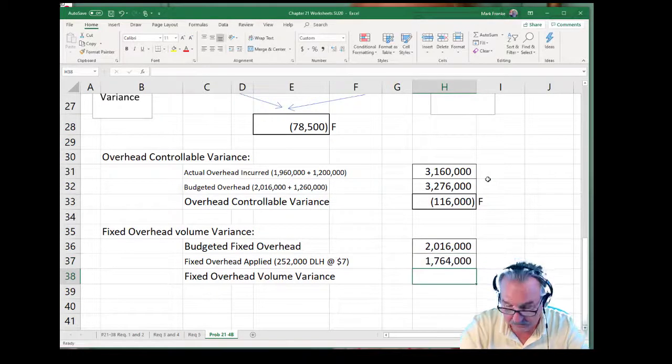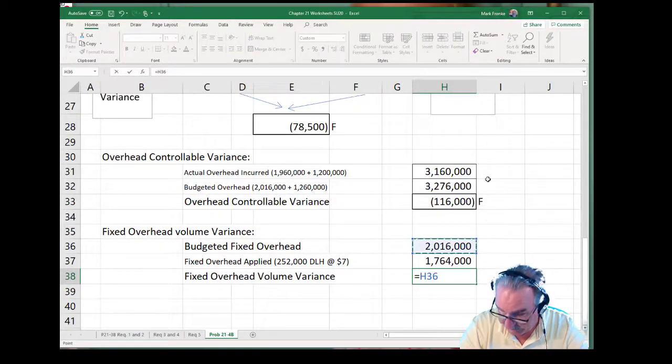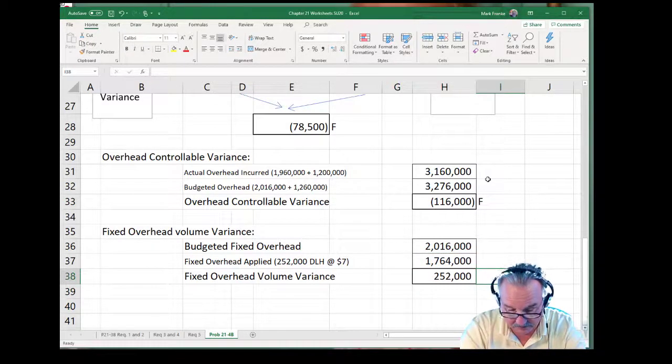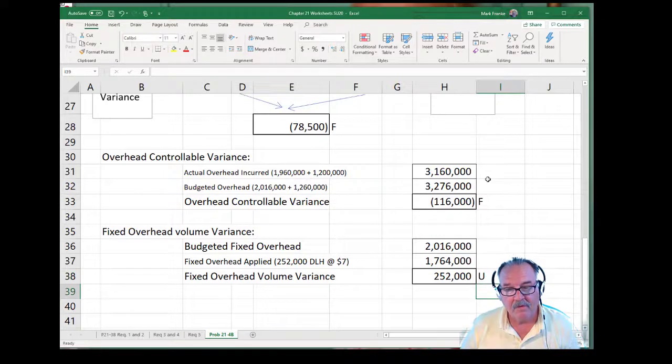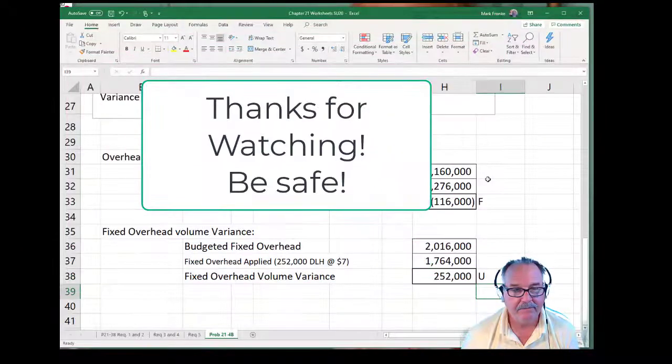So we have a volume variance that is unfavorable. Our volume did not come up to the expectation for the month. So that's a complete variance analysis on our three product costs: the direct materials, the direct labor, and the factory overhead.